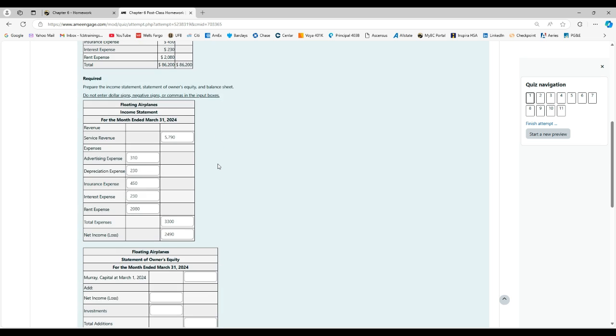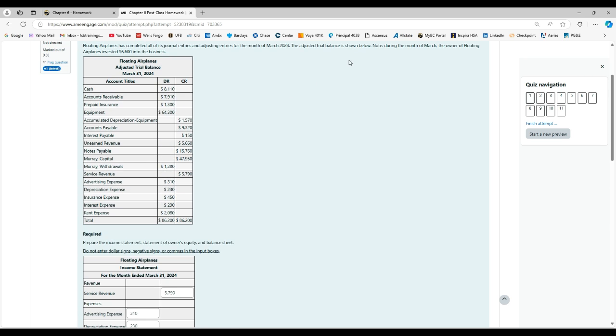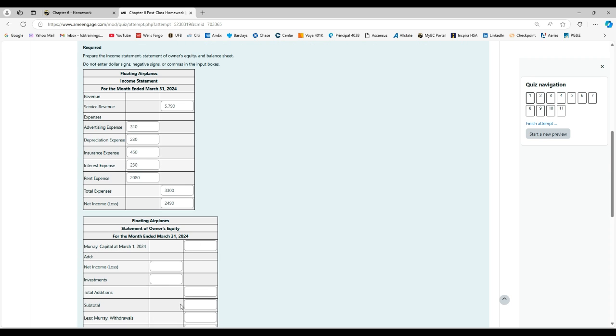So one thing I'm going to do first, because they did tell us that we had a $6,600 investment into the business, I'm going to take 47,950 minus 6,600, and that gets me 41,350. Because they're saying that this number includes $6,600, let's back that out of this number, and then we're going to show it separately here under investments.